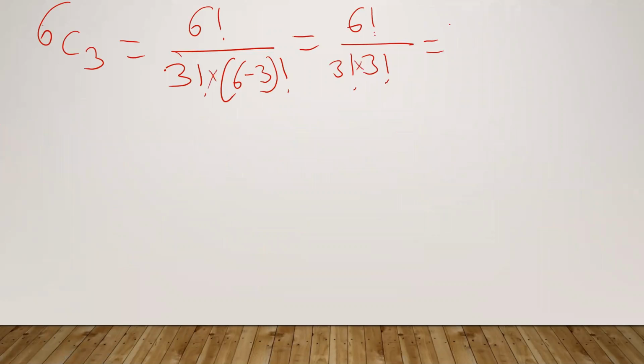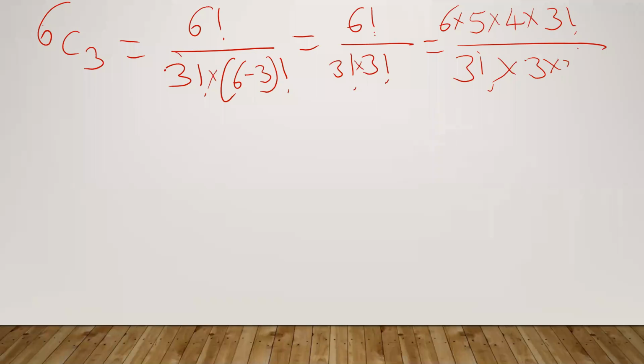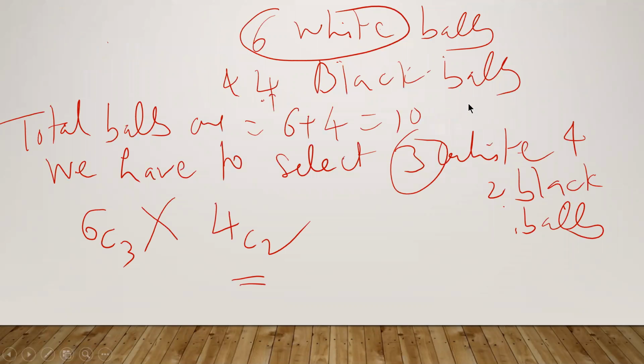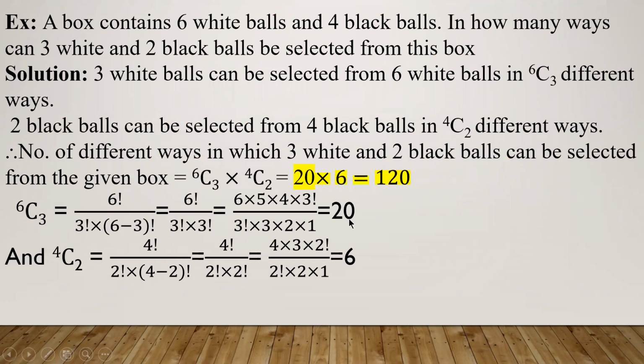Now what is 6 factorial? 6 into 5 into 4 into 3 into 2 into 1, I can write as 6 into 5 into 4 into 3 factorial. And यहाँ एक 3 factorial ये है, into the other one I can write as 3 into 2 into 1. This 3 factorial will get cancelled. 3 into 2 is 6 and this will get cancelled with this. So 5 into 4, I am getting 20. So 6C3 is 20. This is what I have done here.